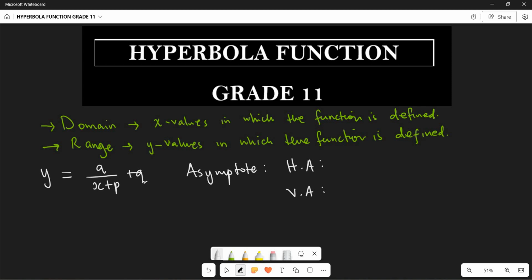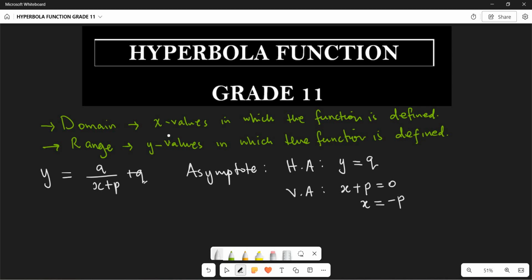So the horizontal asymptote will be y equals q, and the vertical asymptote would be x plus p equals 0, and therefore x is minus p. Note that I'm using the equation that I've written on the side. These are points which the function does not touch. It doesn't exist at that particular point.